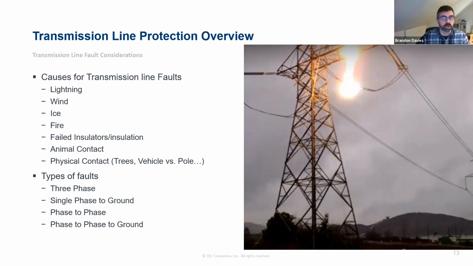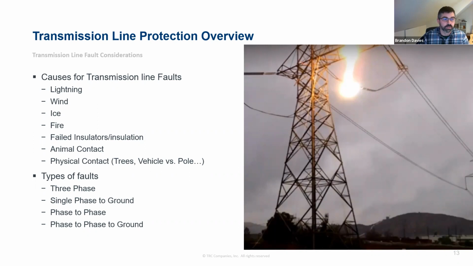Within the substation fence, we can design around those things. You're probably not going to allow a tree to grow inside your substation. You're going to have controls on vehicles and how they move around in the fence. You can put in some animal deterrents, things like that, where the transmission system doesn't have that.